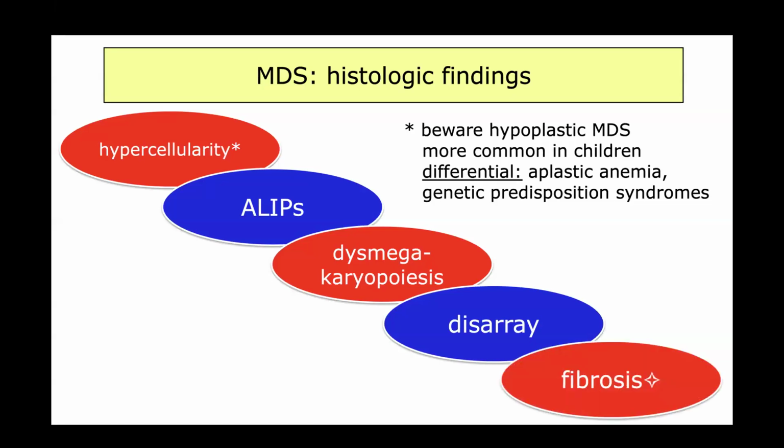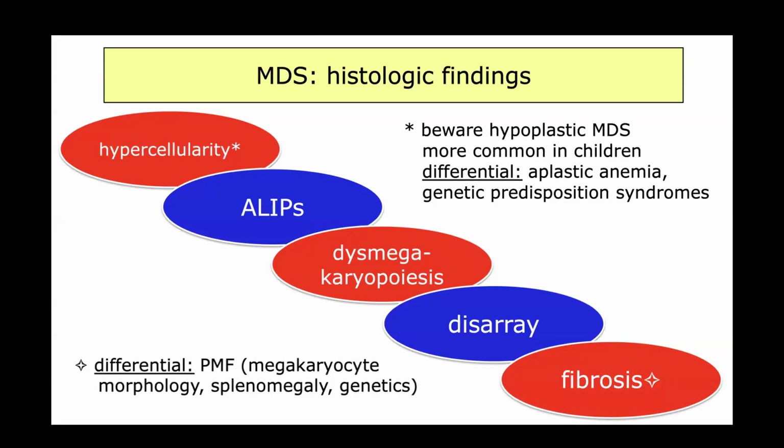And of course, fibrosis can be seen in myelodysplastic syndromes. Fibrosis, of course, in the setting of a hematologic malignancy, has a fairly broad differential diagnosis, primarily focusing on primary myelofibrosis, the myeloproliferative neoplasm, but usually the characteristic megakaryocyte morphology, the clinical features of splenomegaly, and the genetic profile ought to be able to help you distinguish MDS with fibrosis from primary myelofibrosis, two biologically, genetically, and clinically very different diseases.